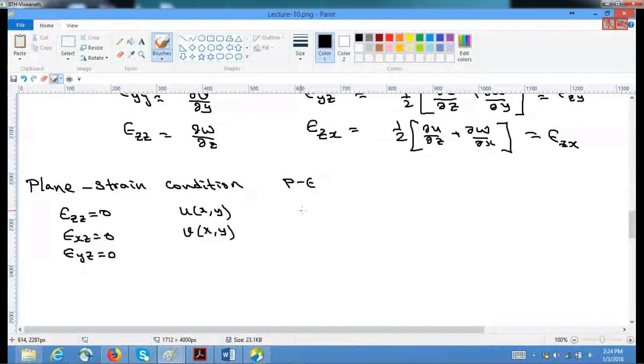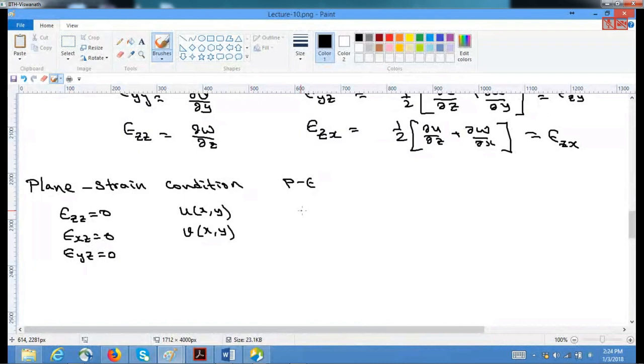Similarly, the easiest case of such a thing is, let's say, this dam is running all throughout. If you take any given cross section like this, this typical cross section is constrained by any other cross section from either direction, and it has a lateral restraint in the z direction.